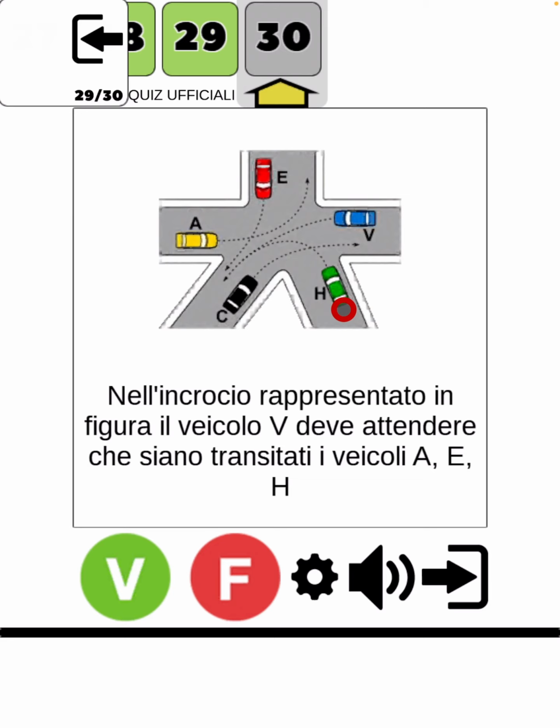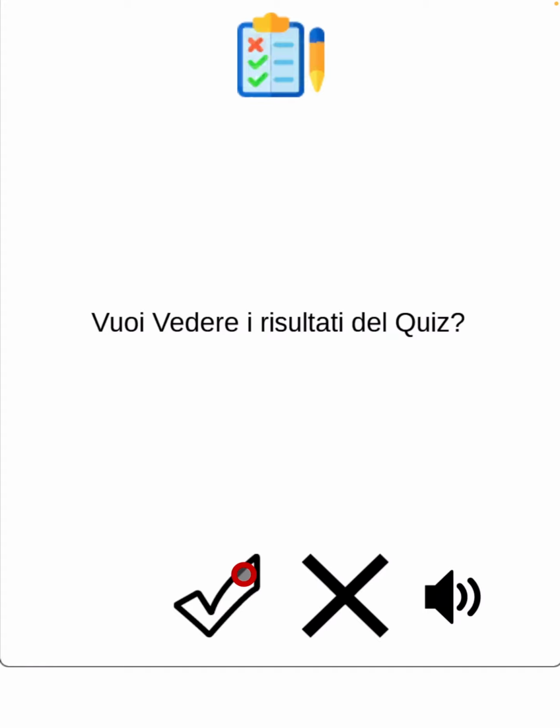This question is falso. So this is the last question. Let's check it out and see how it goes.